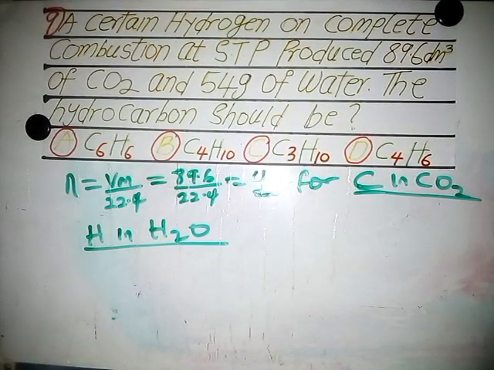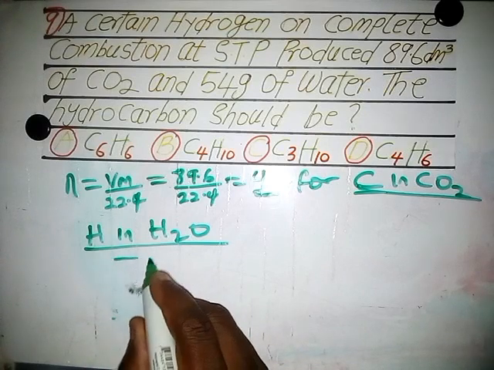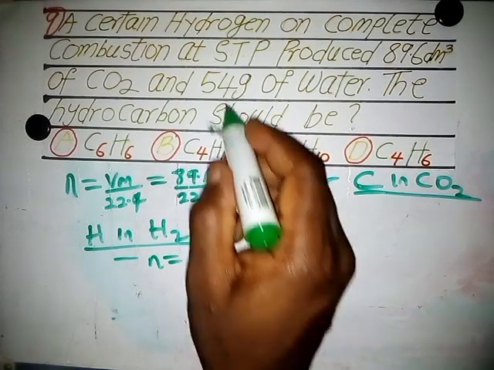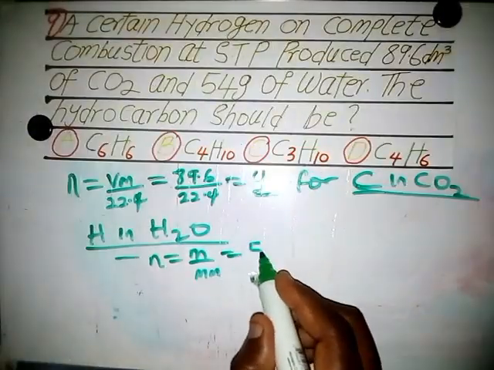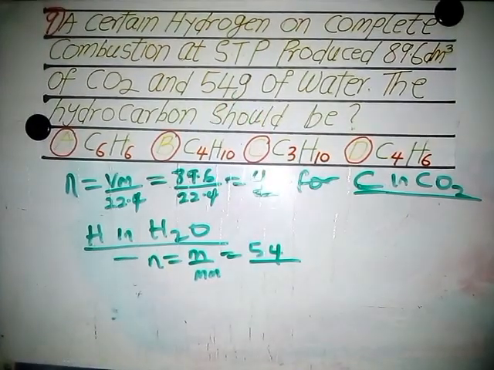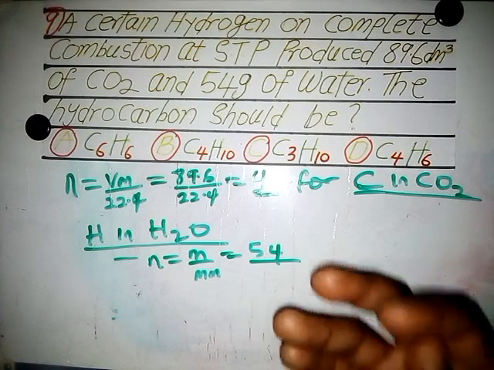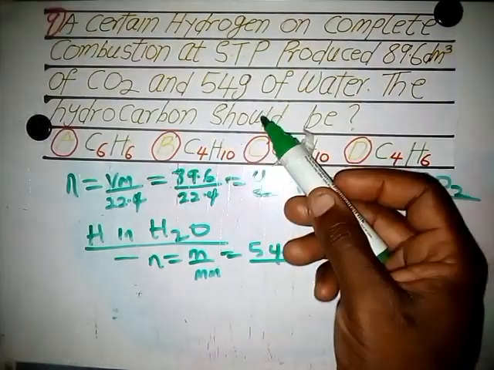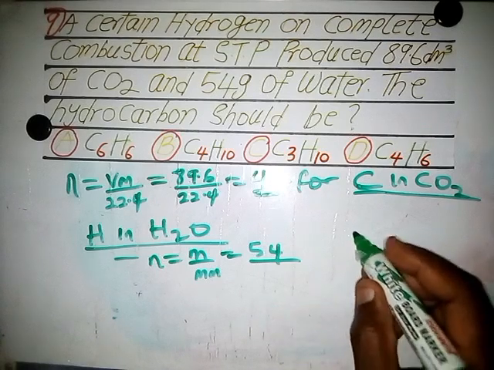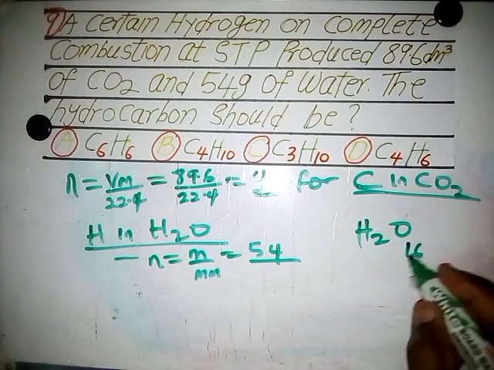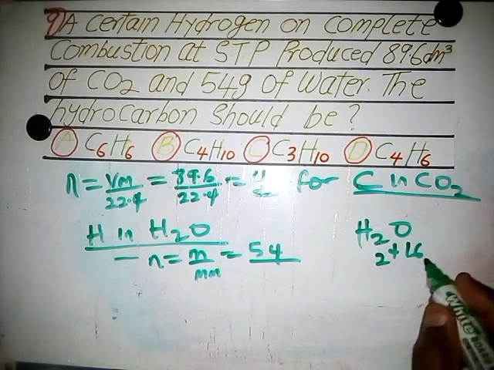Know that amount in moles is also equal to mass over molar mass. The mass is 54. The molar mass is 18. Remember, we are calculating the molar mass of the water. Water is H2O, so this is 16 plus 2 times 1, which is 2. That is 18.